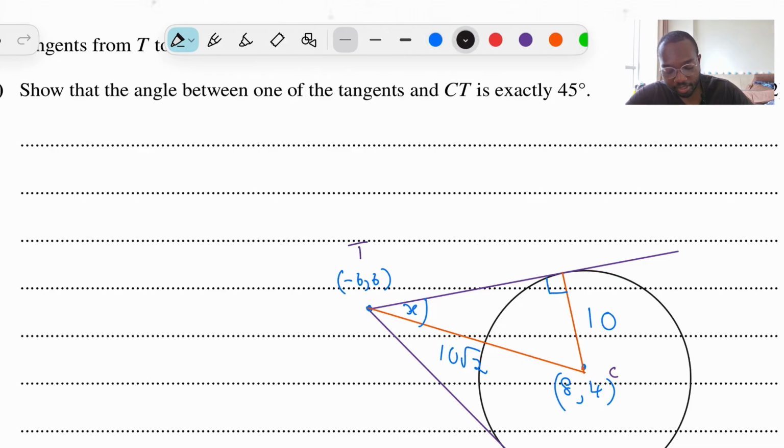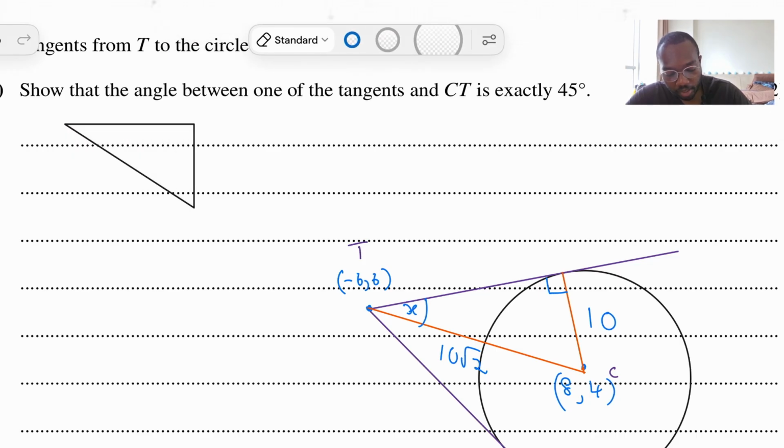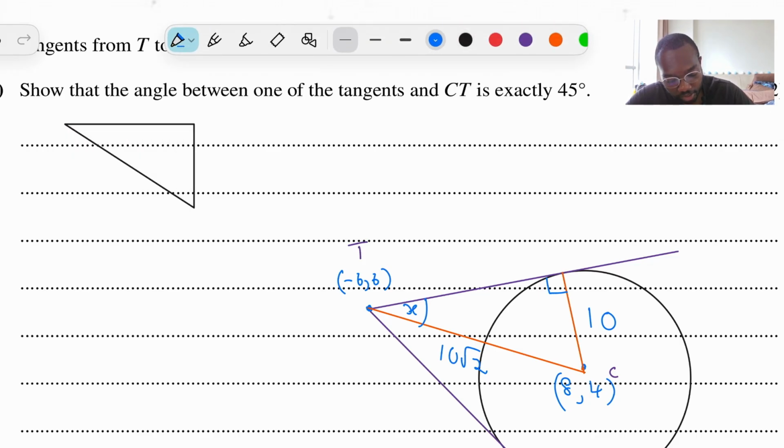So if we think about this as a right angle triangle, let's just do a basic right angle triangle for now so I can easily show it. Let's do the triangle the other way, with the right angle being up there. Therefore, what do we get? If the right angle was here, we know this is the 10, this is the 10 root 2, and this is the x value we want to work out.